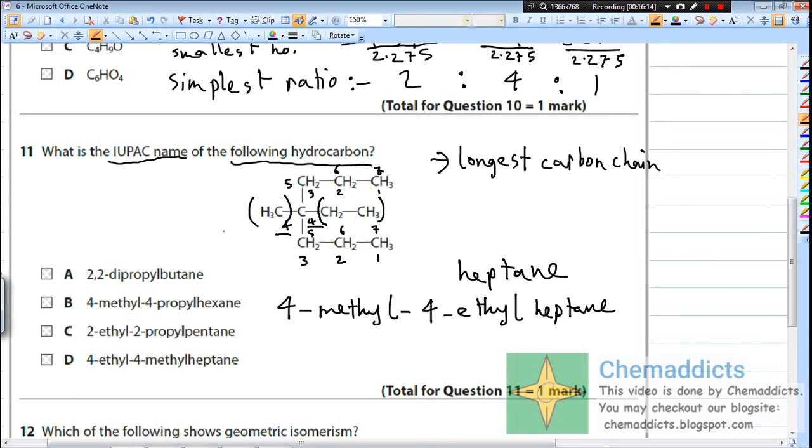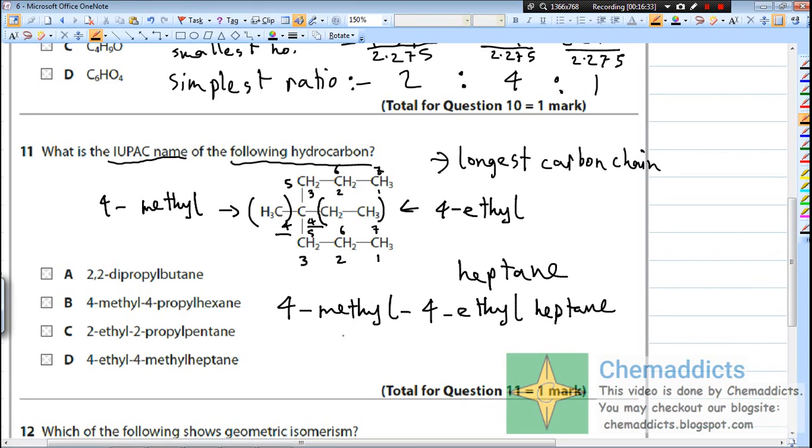This is methyl, which is in the fourth carbon atom, so this should be named as 4 methyl, and since this ethyl is in the fourth carbon atom, this should be named as 4 ethyl.